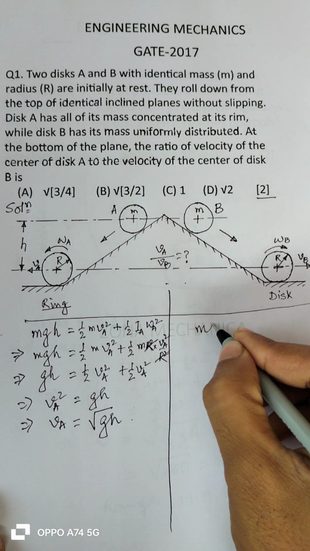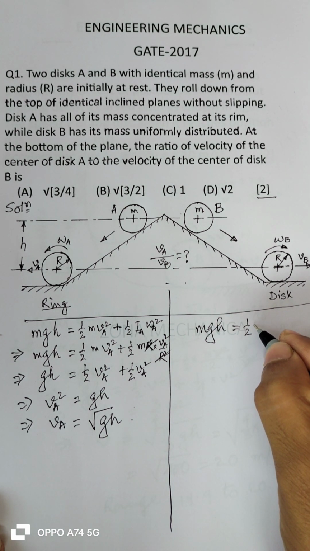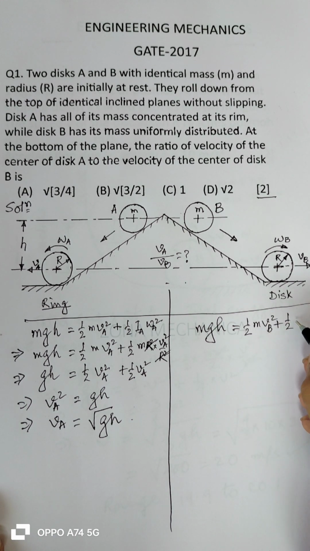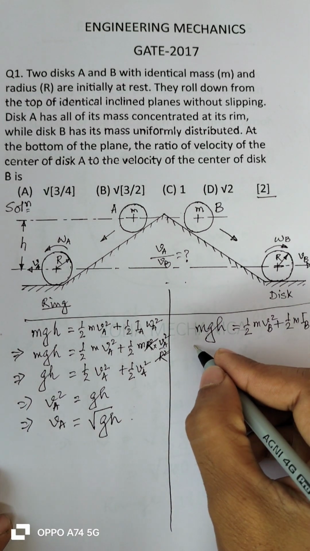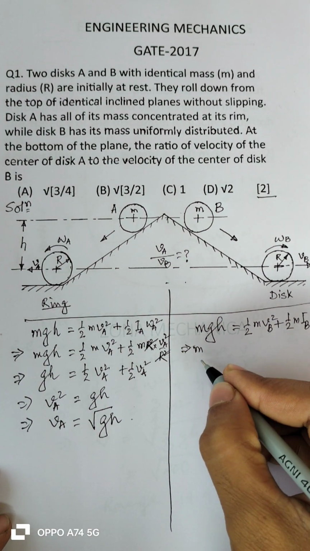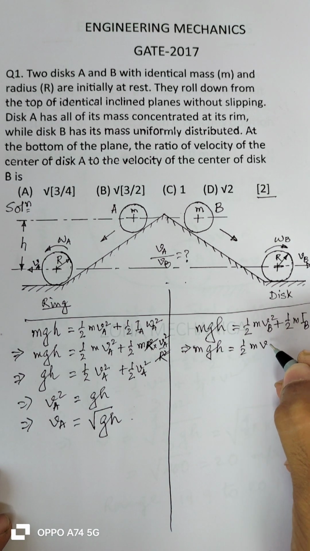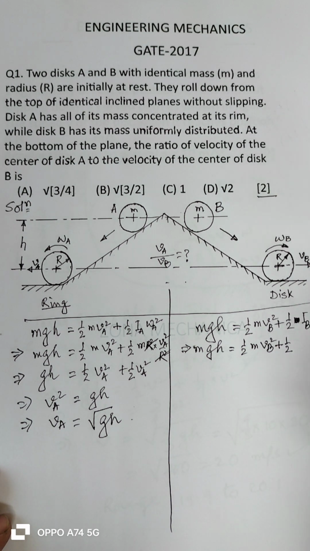Similarly here mgh will be equal to half into m into VB square plus half into IB into omega B square. Which implies mgh is equal to half m VB square plus half I omega square.